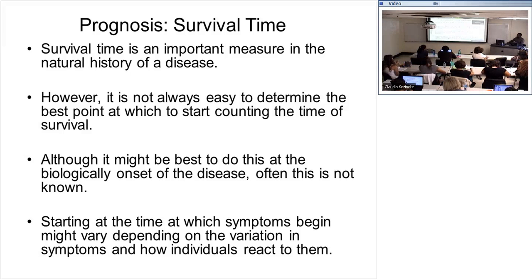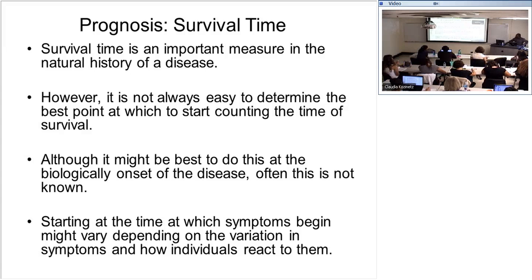However, we usually don't know the time of onset. It's so difficult to know when the person got the plasmodium or the Ebola virus into his or her system. This is very difficult to detect.